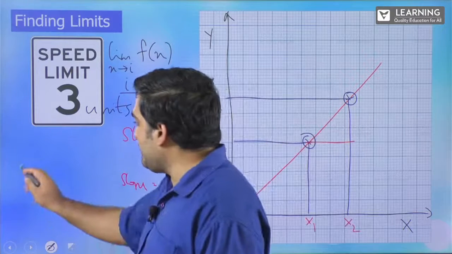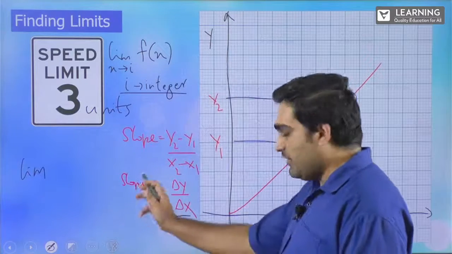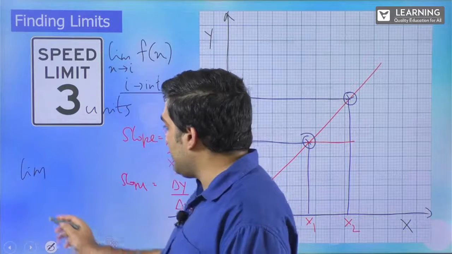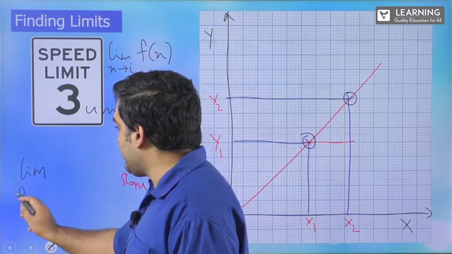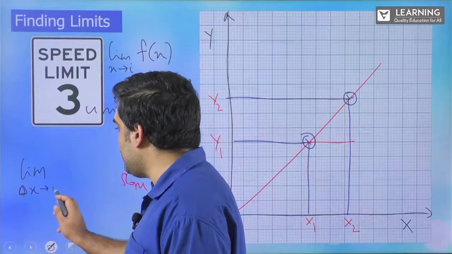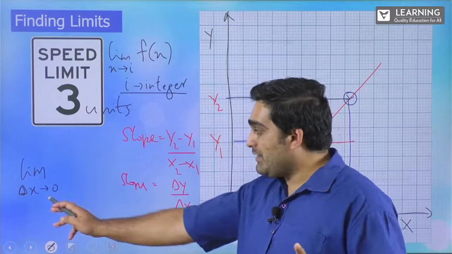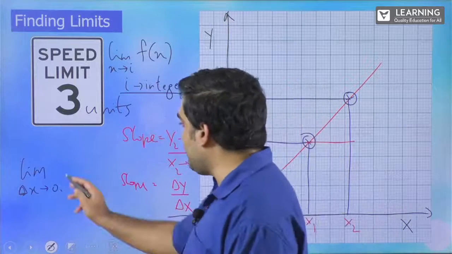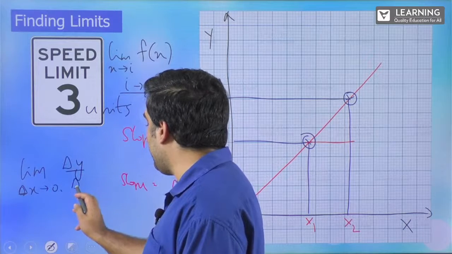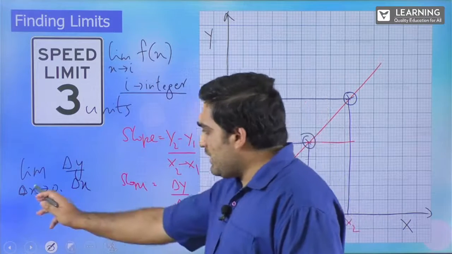So when you apply the limit, you get limit. So taking only the right hand side, you have to also apply to the left hand side, but I will apply to the right hand side first. Delta x tending to 0. You notice what I've written here? Delta x tending to 0, delta y by delta x. So what does this imply?